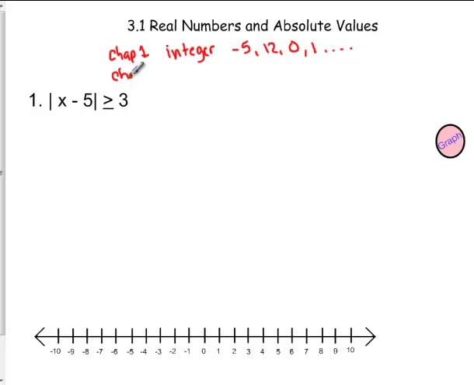Chapter 2 were fractions, what we called rational. And there were any fractions, 1/2, 1 1/5, 2/3. So now we're bumping it up to chapter 3.